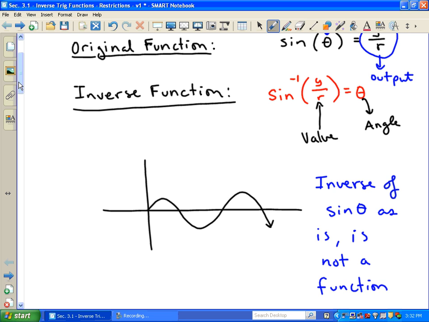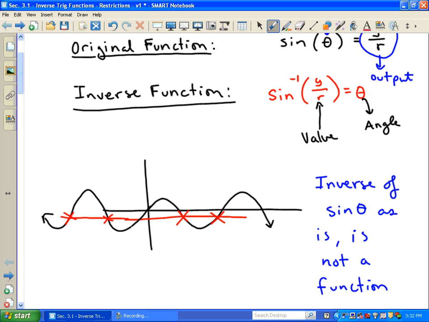We learned in algebra that if you draw a horizontal line through a graph and it crosses more than once, then the inverse is actually not a function. We know that sine also goes back this direction, so the horizontal line test fails on multiple levels there.